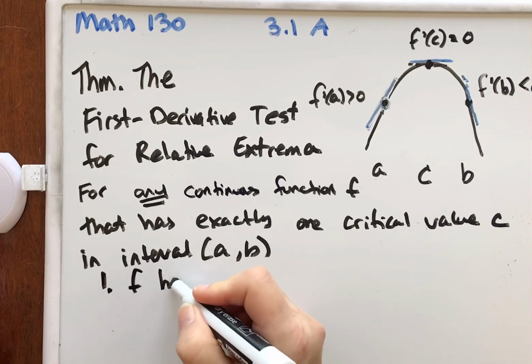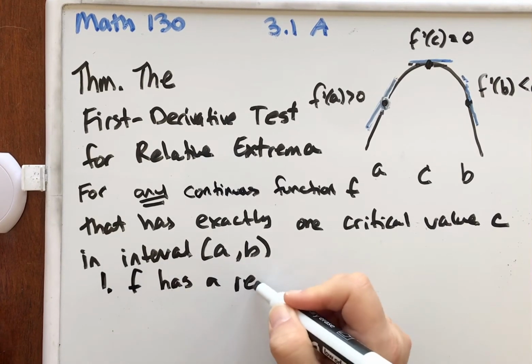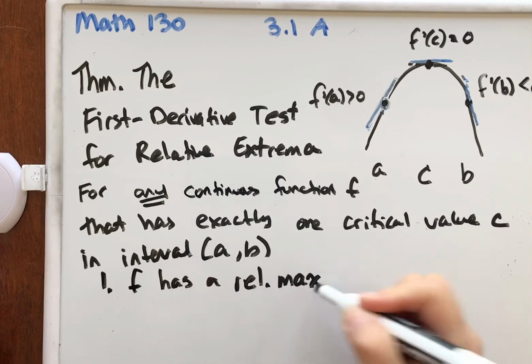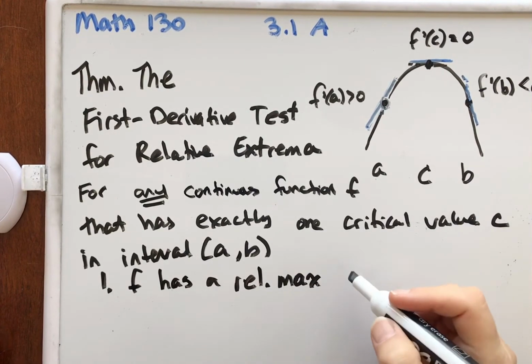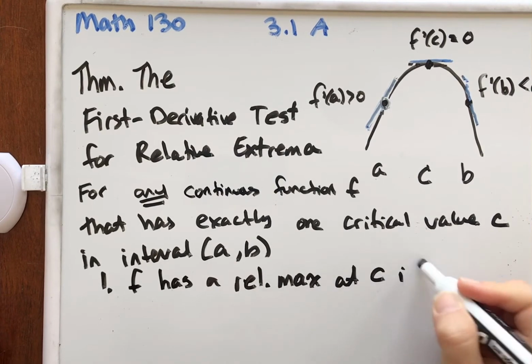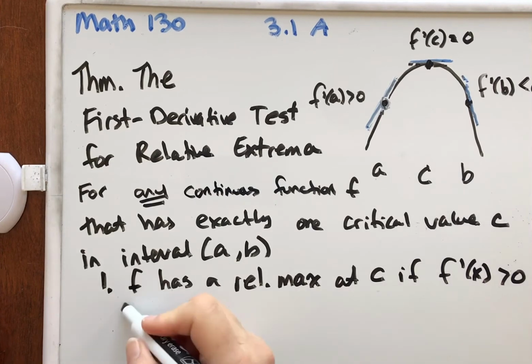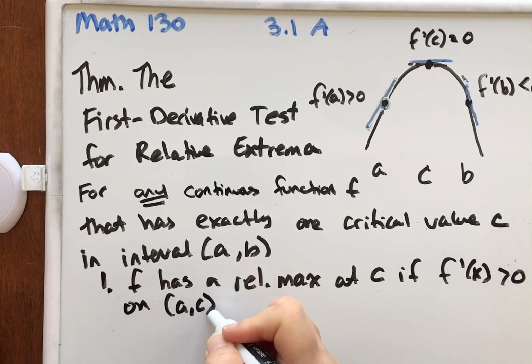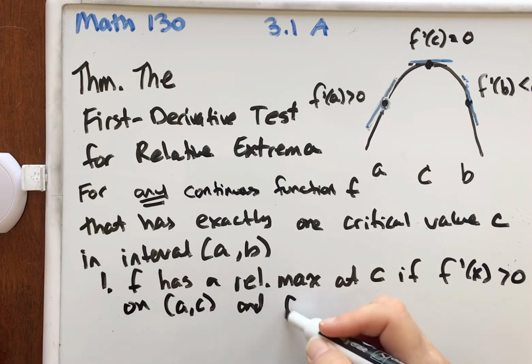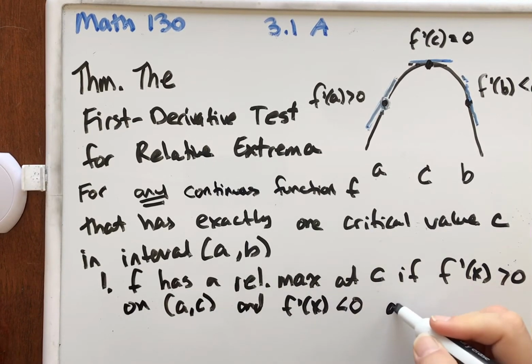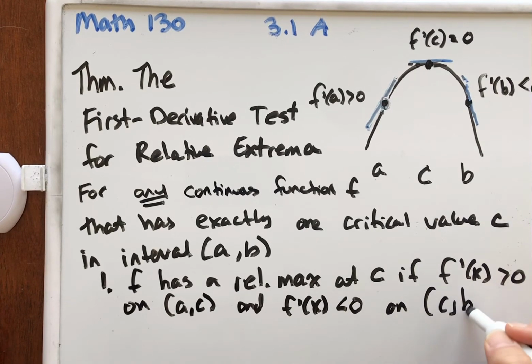F has a relative max at c if f prime of x is greater than 0 on AC, and f prime of x is less than 0 on CB. So go ahead and write that down and we'll look and see what that means.